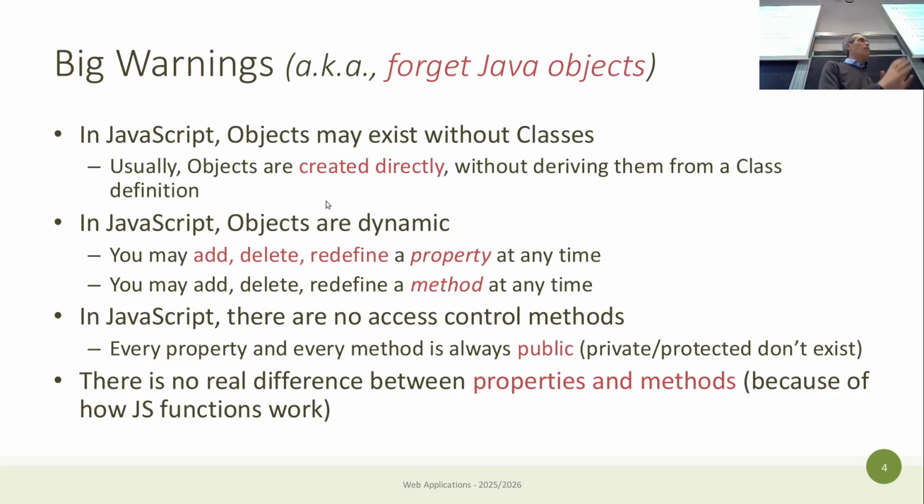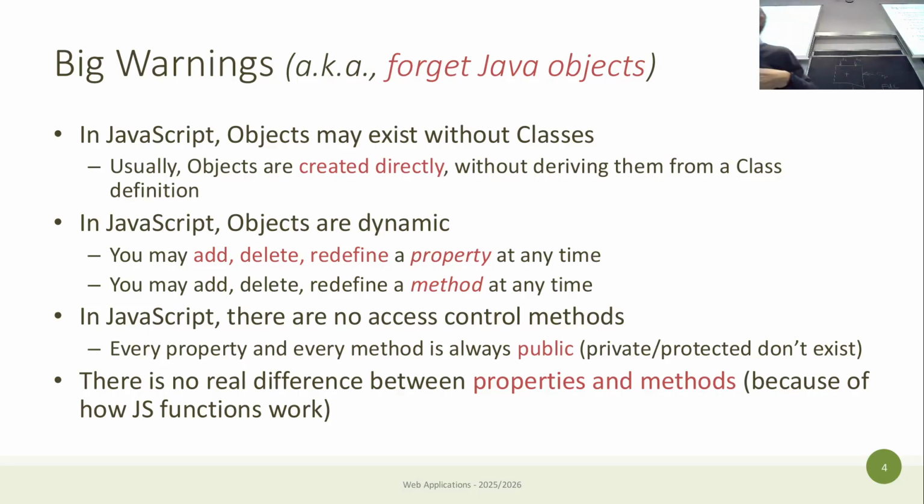Well, objects are very peculiar in JavaScript, okay? Objects in JavaScript may exist without classes, okay? Maybe you already learned a lot about object-oriented programming, and you think there's a template which is typically called class, okay? And then from that class, you can create instances, so copies of that template that are independent and they can assume their values and so on.